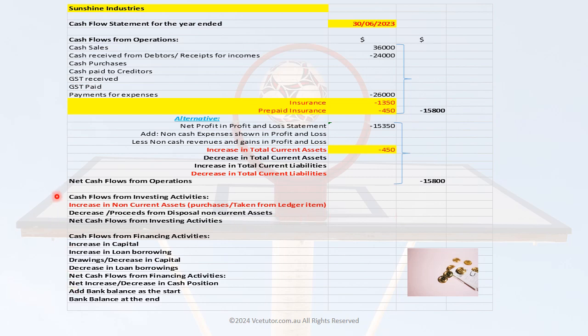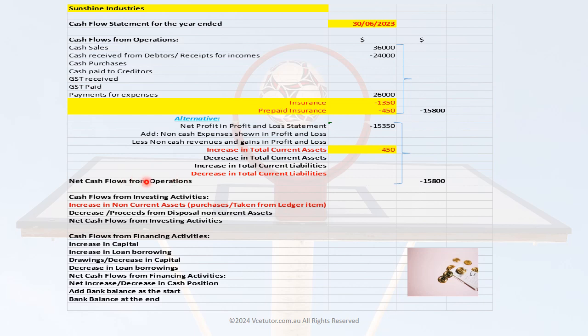A decrease, or proceeds from disposal of non-current asset, is cash inflow. Adjusting these two, we'll get net cash flow from investing activities.